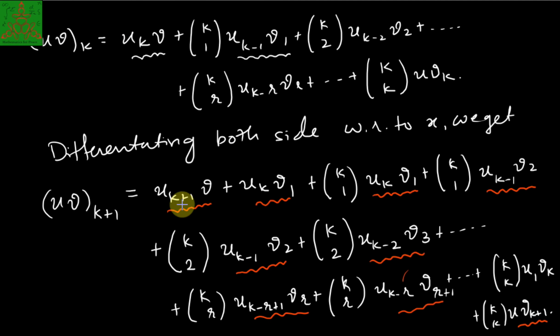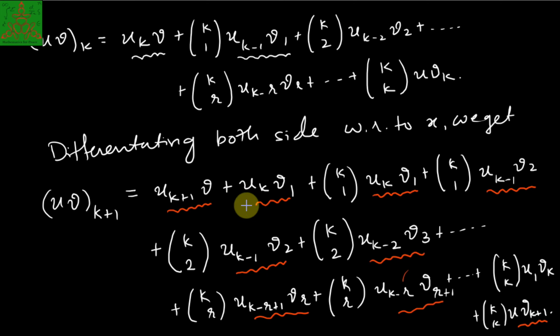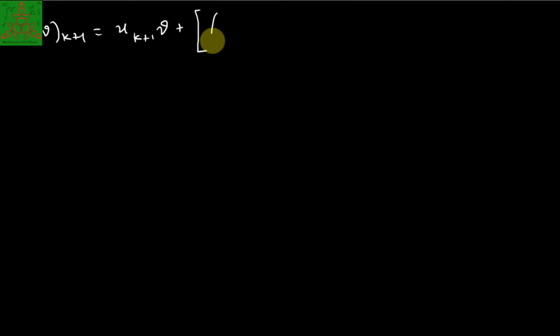So by writing this, what we can say is u v k plus 1 is equal to u k plus 1 v, plus inside the bracket, you just observe that here it is 1, but 1 I can write as kc0 because kc0 is 1.